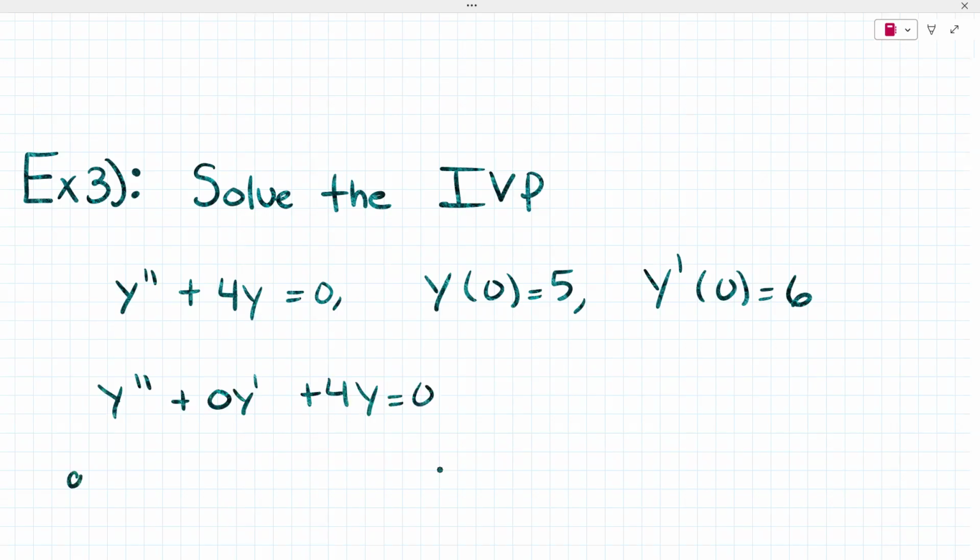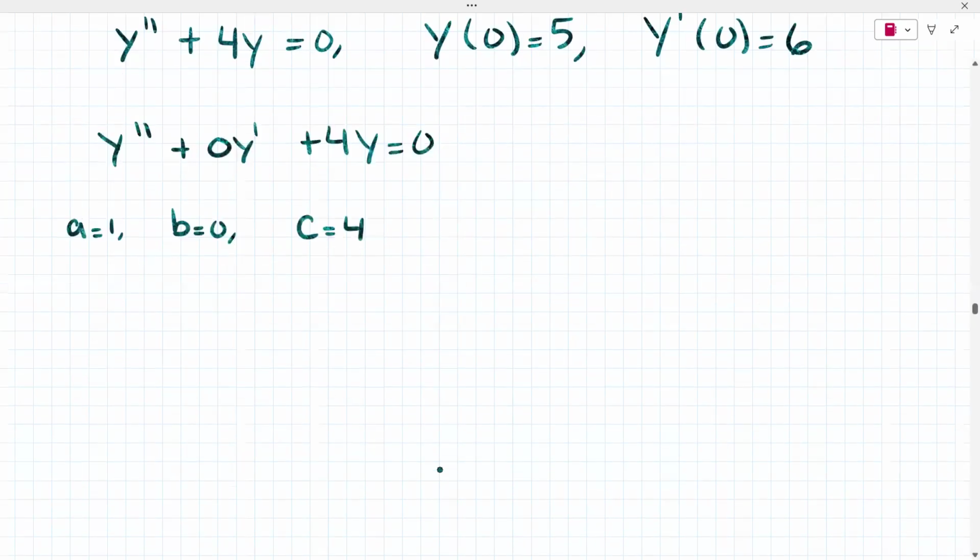So my a is 1, my b is 0, and my c is 4. So we have r squared plus 4 equals 0.